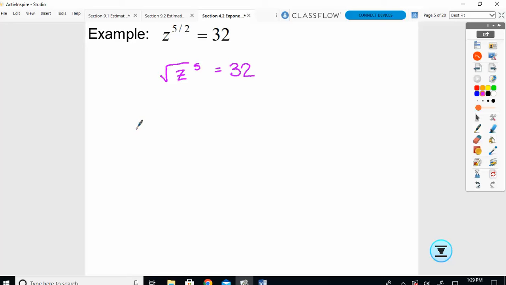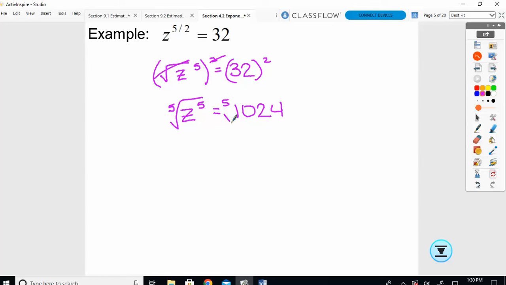Okay. So if you're trying to solve for Z, what do you think you would do? Square each side. That would work. Okay, so I get Z to the 5th equals, what is 32 squared? How do you get rid of a 5th power? 5th root.